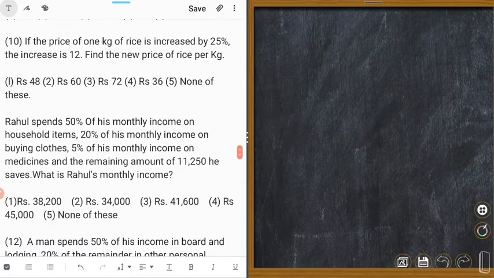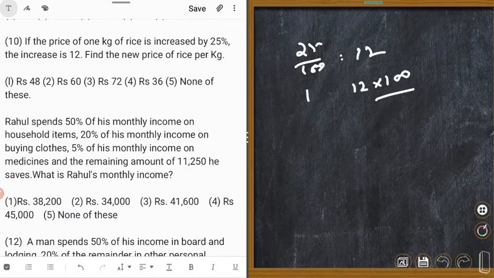If the price of 1 kg rice is increased by 25%, that is, 25% means 12 rupees. Full means 12 into 100 by 25. You understand?